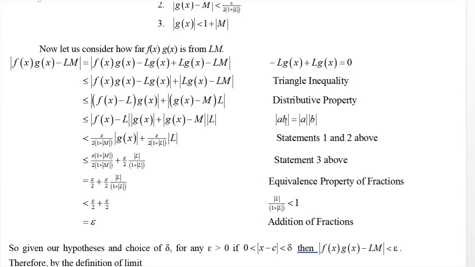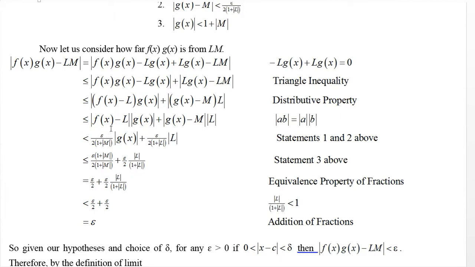Now we know a property of absolute value says the absolute value of A times B is absolute value of A times absolute value of B. So we can say the absolute value of this product can be written as these two absolute values multiplied together, and same thing here. So that's actually equal to what's up here, but less than or equal to is still accurate.